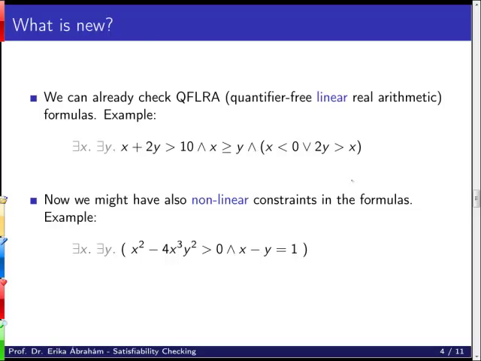Such constraints you know from school, from mathematics, and at school you already learned partly how to solve them. If you would see this formula here, let's assume without quantifiers, and you were asked to give a solution for it, how would you try to do this?